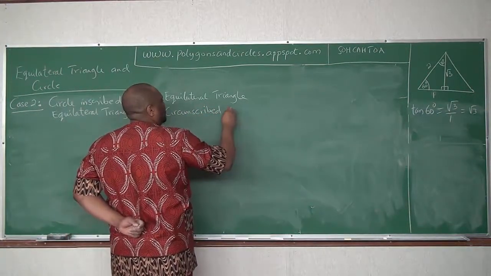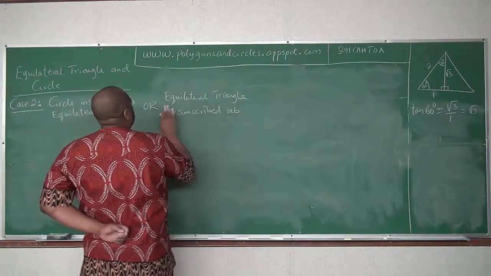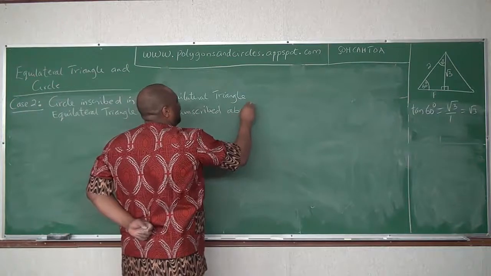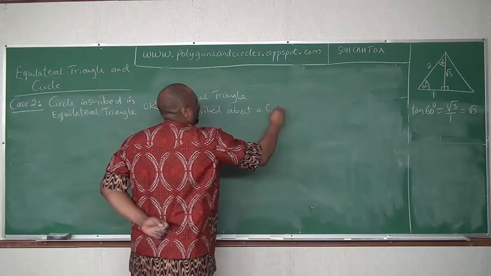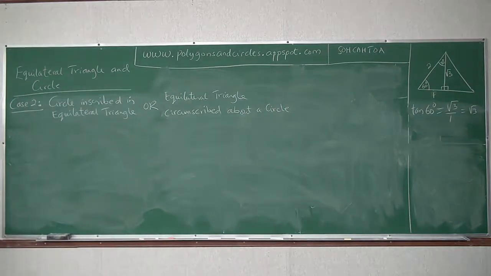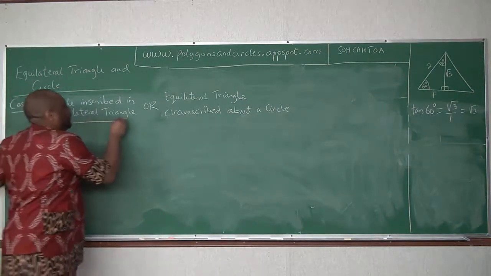Circumscribed about a circle, I mean. Equilateral triangle circumscribed about a circle. Okay.